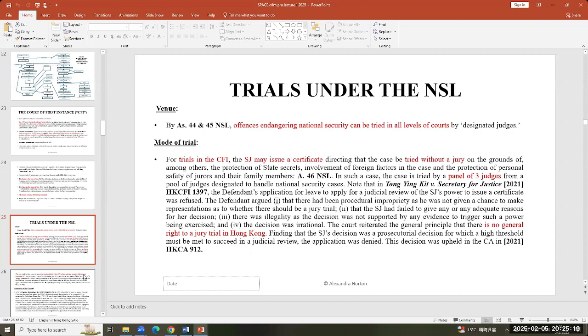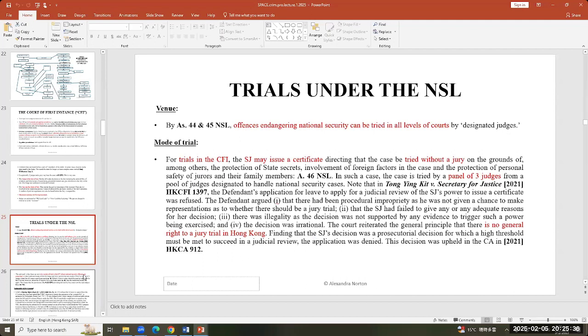So there is a pool of judges who have been designated as able to try national security cases, and 3 members from that pool will be selected to try the case in the CFI.